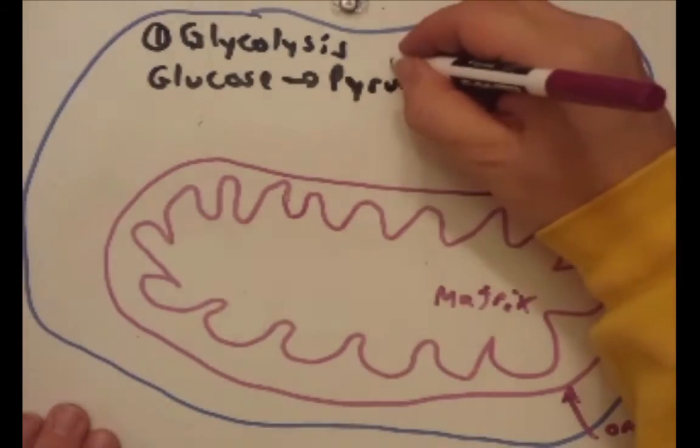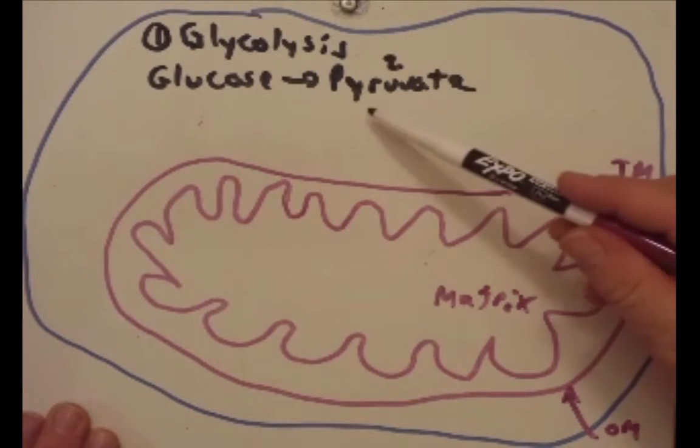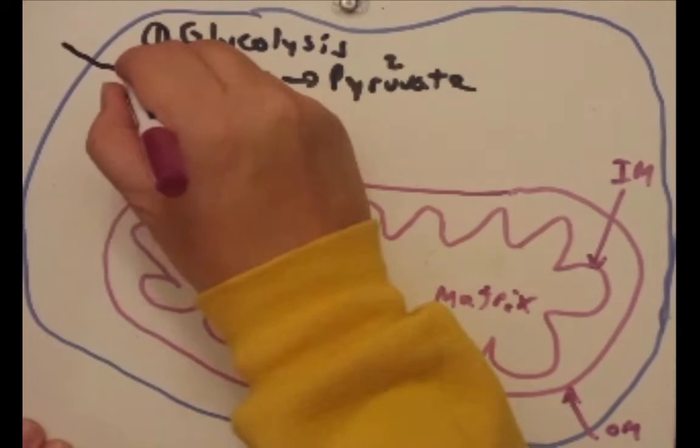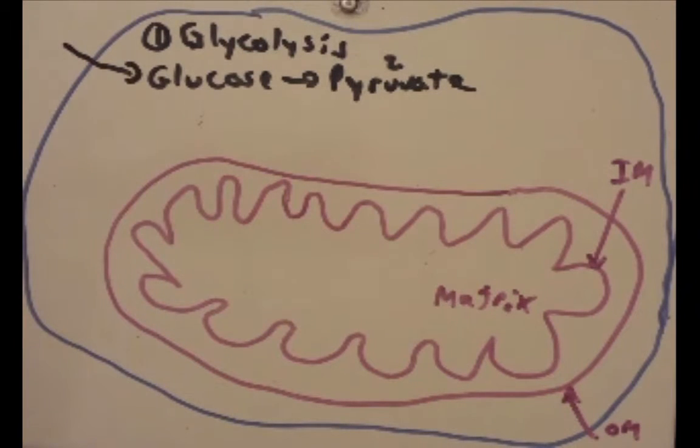P-Y-R-U-V-A-T-E. It makes 2 of these, in fact. If you ever read somewhere where it says pyruvic acid, it's the same thing. Just 2 different ways to say the same thing. This glucose comes into the cell from outside. Maybe it's something that this eukaryotic organism ingested and now it's inside the cell.